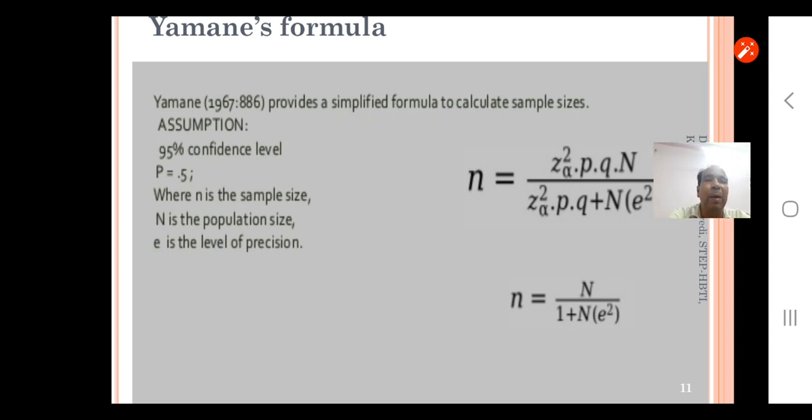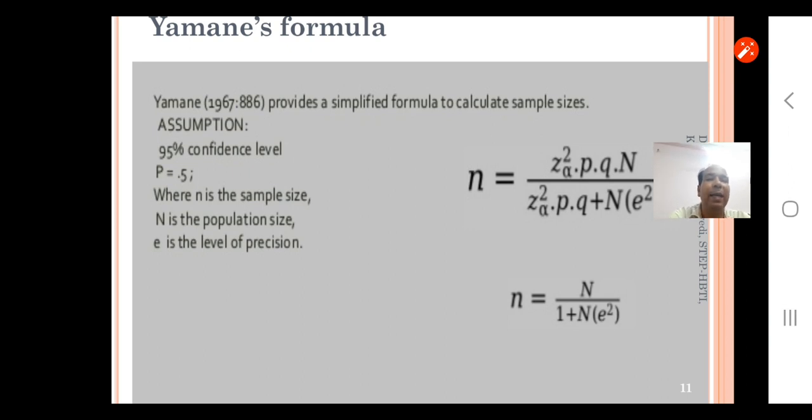So the above formula can be simplified into the formula given below, that is small n equal to capital N upon 1 plus capital N into E square. This is a very simple formula on the assumption that confidence level is 95% and P is 0.5. By putting those values, the above formula can be resolved into the formula given below, and that becomes quite simple.